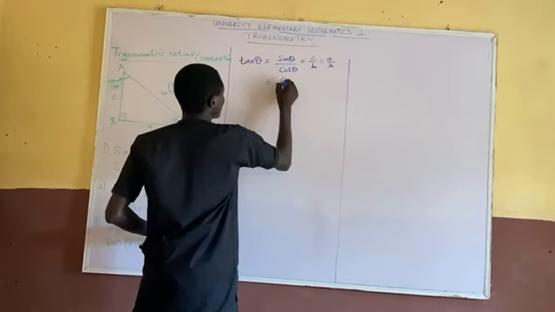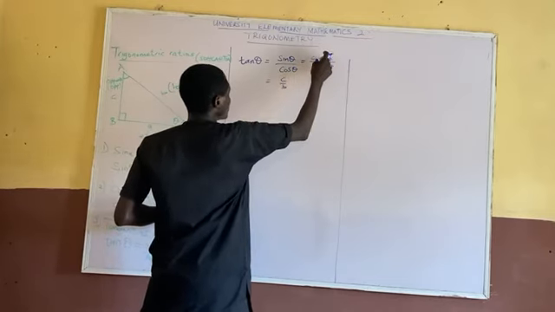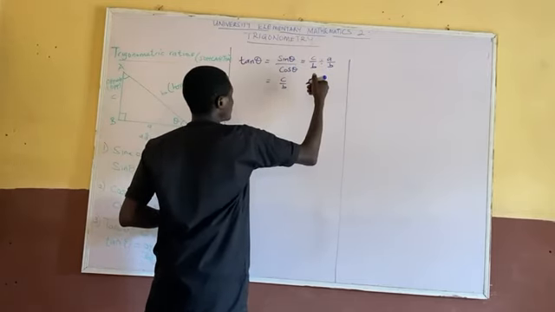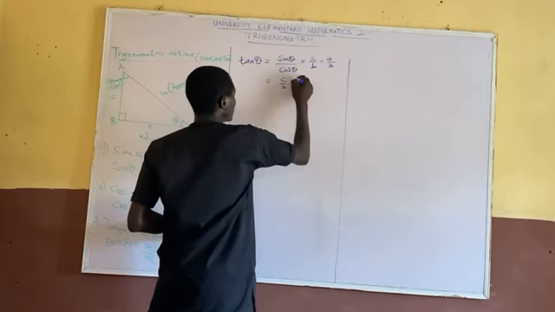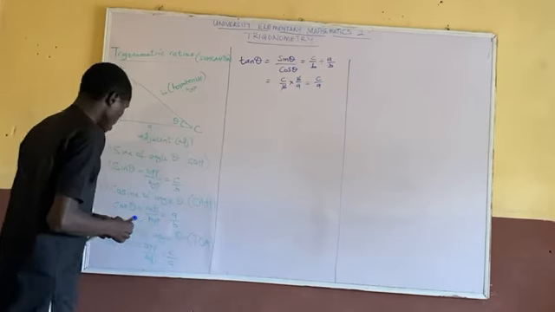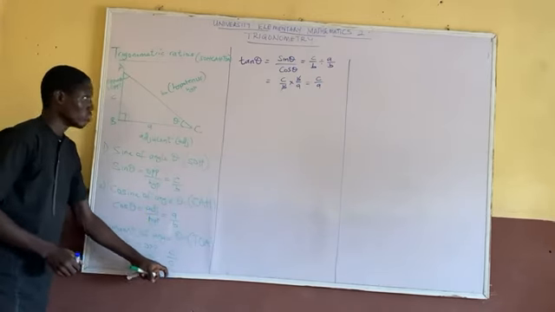When you change the division sign to multiplication, the inverse takes place: C over B times B over A. The B cancels out, and what we're left with is C over A. That is the same thing as tan theta equal to opposite over adjacent, which is C over A.